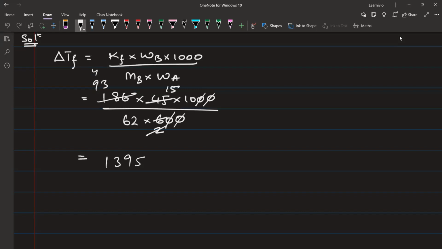So am I getting this correct? By 62. 93 into 15, 1395 divided by 62. Na? And do I have anything missing? Yes, the 10 here is missing. Na? It is not a very big answer. Oh, this is not. Oh my bad. This was 0.9.